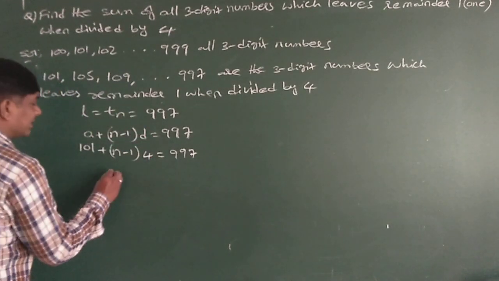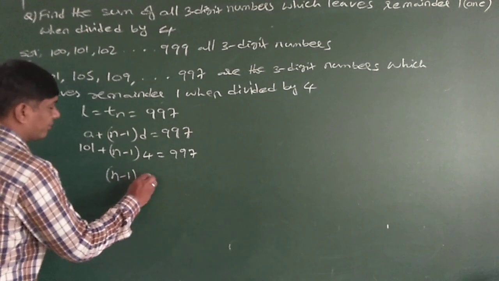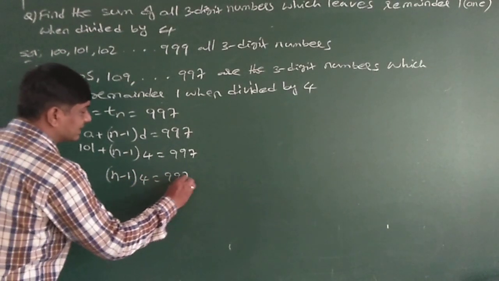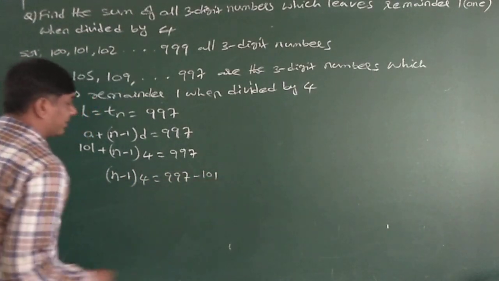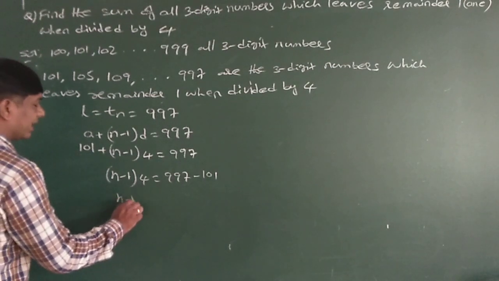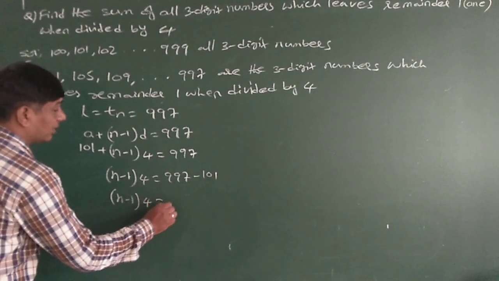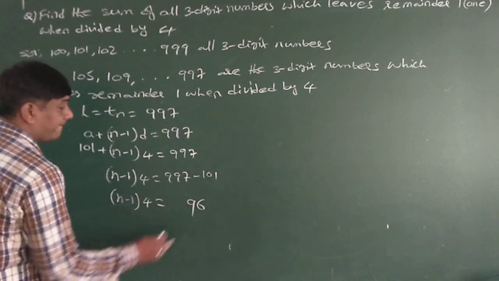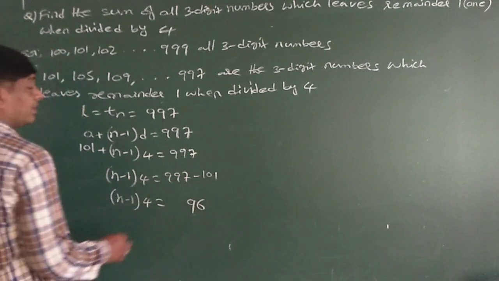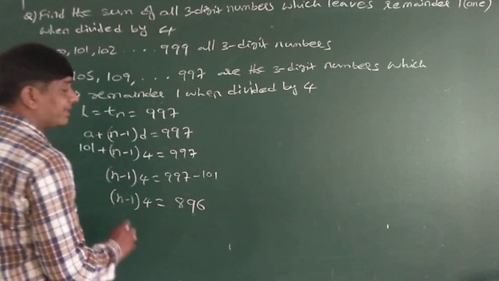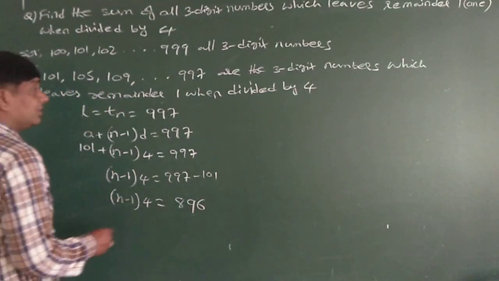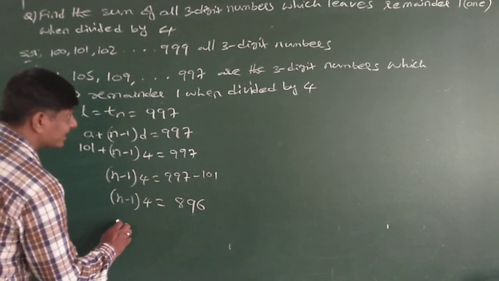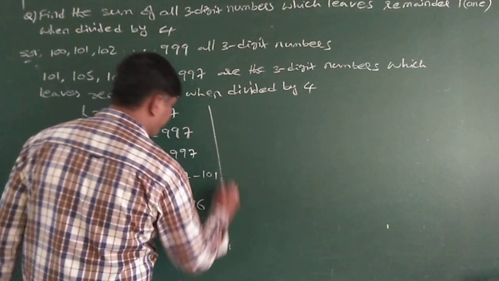Now send 101 to this side: n minus 1 into 4 is equal to 997 minus 101. 7 minus 1 is 6, 9 minus 0 is 9, 9 minus 1 is 8. So it is 896.